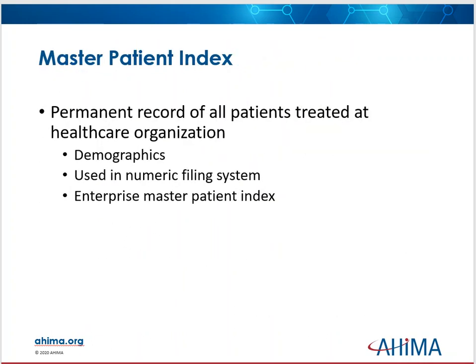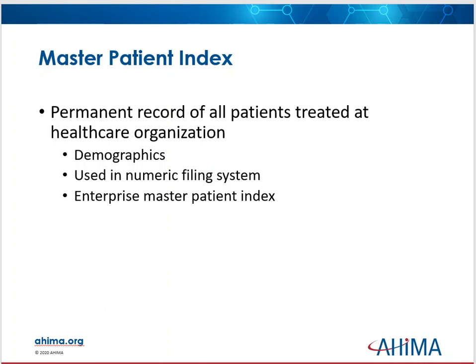The Master Patient Index, also known as an MPI, is a permanent record of all the patients treated at that healthcare organization. So from the time the hospital has opened, there's going to be basic information that will identify that so-and-so was treated at that hospital. There are different ways of managing it, but everybody gets a unique number. There's a unique numeric filing system.